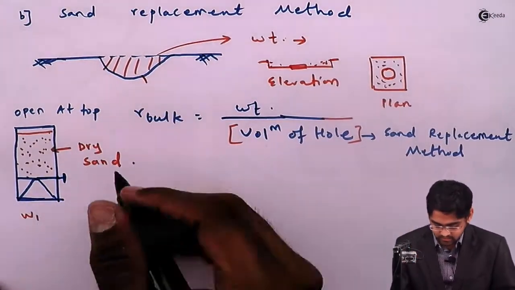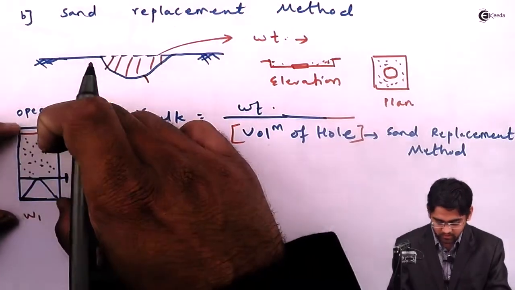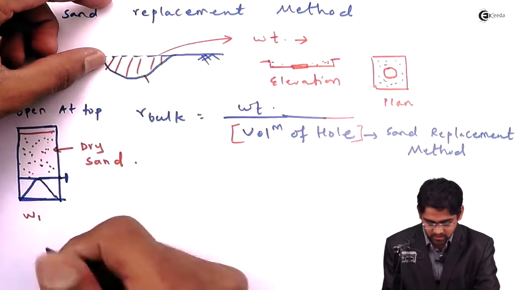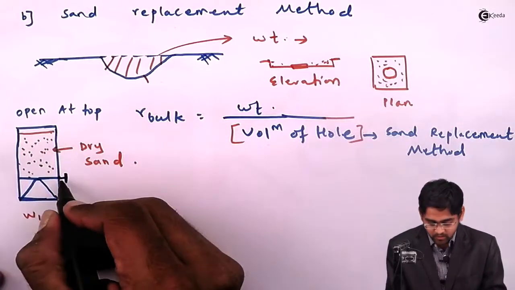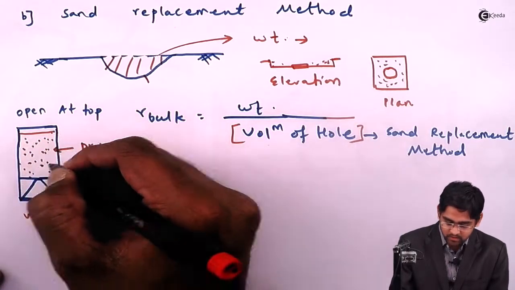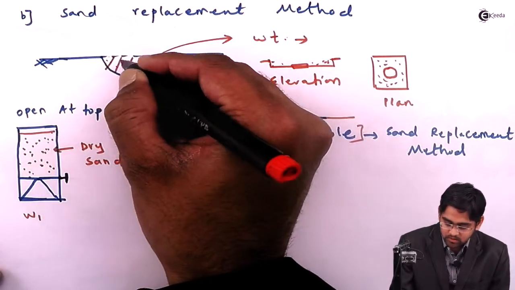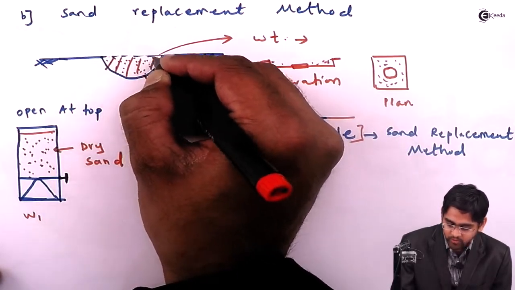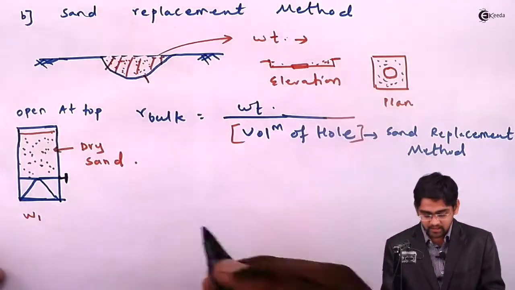Then you will take the whole container and place it on the hole, and you will open this flap. Once you open this flap, you will see the sand going inside the hole. So the sand will occupy this much volume, right?